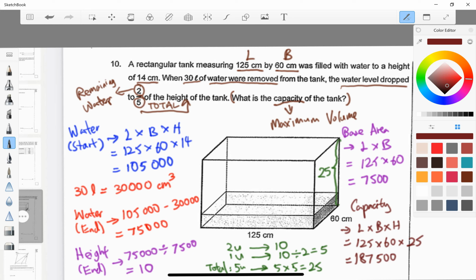It doesn't matter if I leave my answer in liters or cm cube. I will choose to leave my answer in cm cube, so that I do not need to make one more step of converting, because the less steps the better, the less steps the safer. So not to forget, 187,500 cm cube, because cm cube is the standard unit for volume.